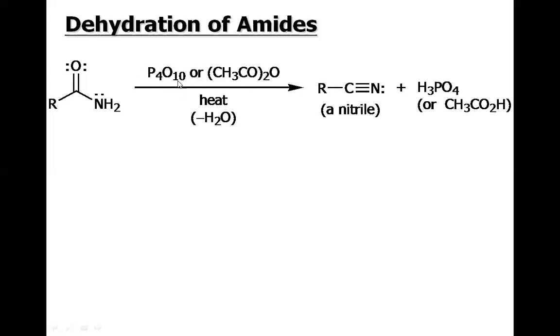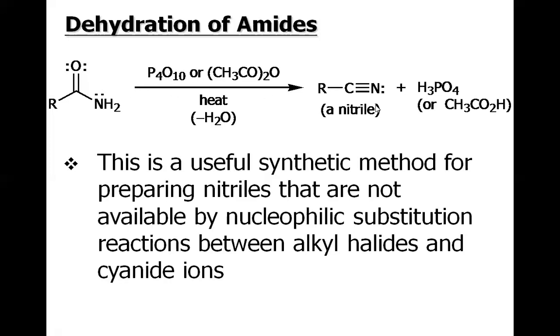Anyways, whatever the drying and dehydrating agent you choose, we have the water molecule removed, and we have the nitrile group formed. And remember, this has a very good application, because this is a useful synthetic method for preparing nitriles that are not available by nucleophilic substitution reactions between the haloalkanes and the cyanide.